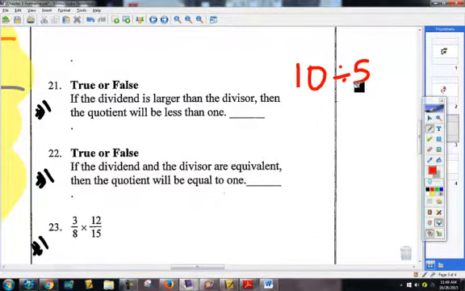Is my dividend larger than my divisor? Yeah. So I just make up a problem in my head, and then it says, okay, then the quotient will be less than 1. Okay, well, what would this quotient be? Would it be 2? So is that going to be less than 2? Or less than 1, I'm sorry?